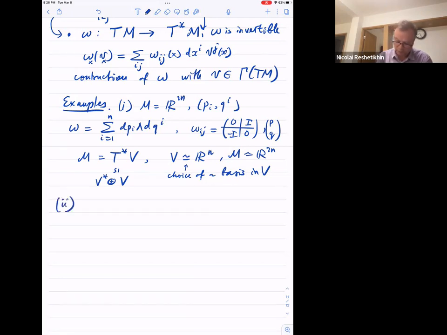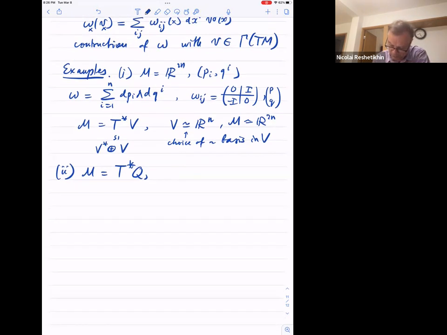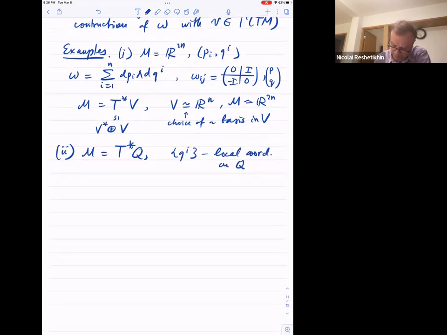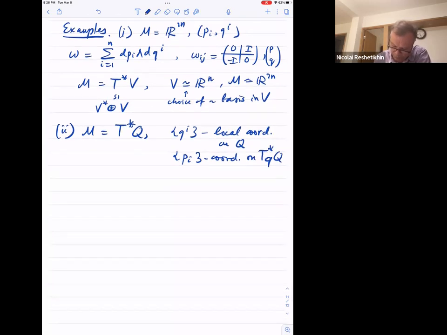And the second example of the same nature is to replace V by any manifold Q. Let's choose local coordinates on Q. Then this gives coordinates on T*Q for every cotangent direction.